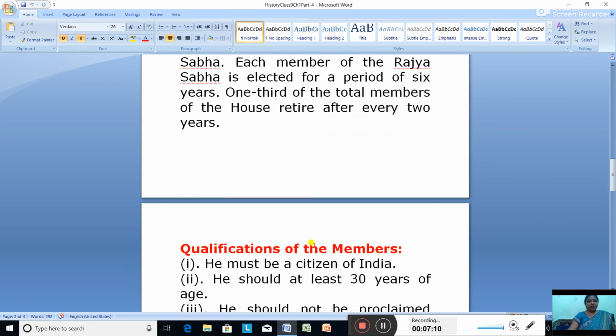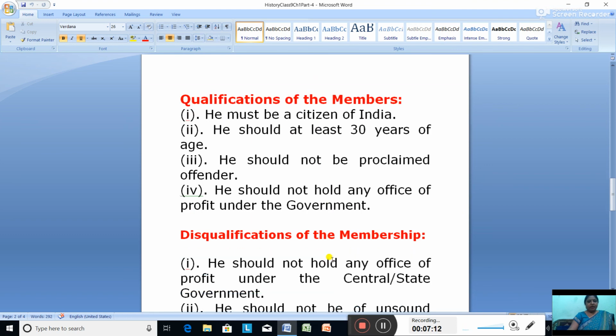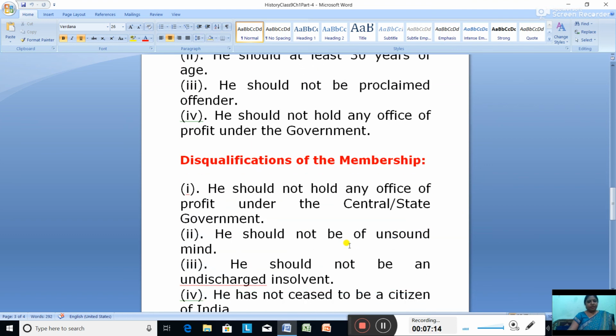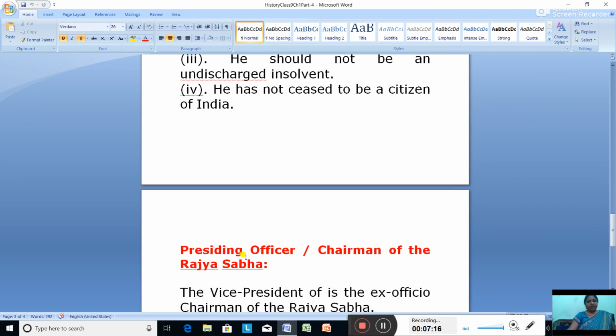Then qualifications of the members and disqualification of the membership. And the last thing explained here is the presiding officer. Who is the presiding officer or the chairperson of the Rajya Sabha? It is the Vice President of India, the ex officio chairman of the Rajya Sabha. So hope that you have understood.